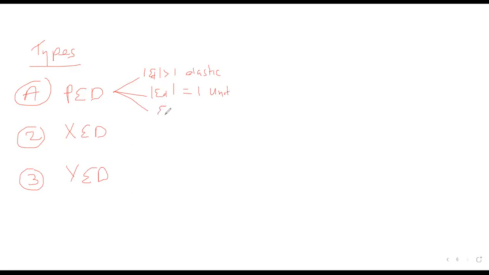When elasticity is less than 1, it is inelastic. Now I'm putting absolute figures here, assuming that these are negative values. Cross price elasticity, if it is negative, we say this is a what? A complementary good.